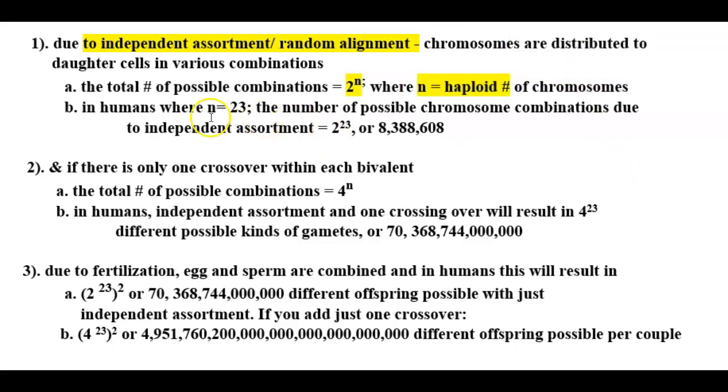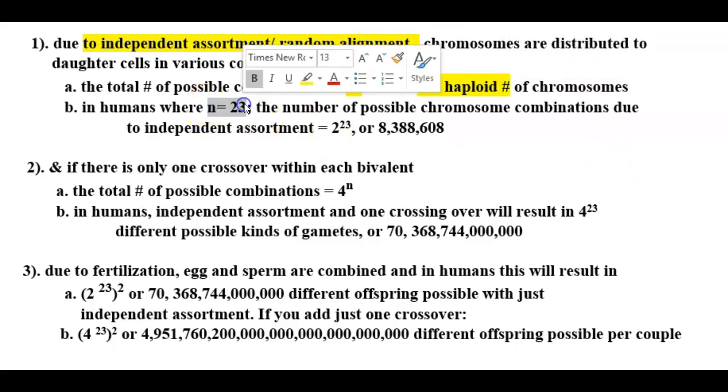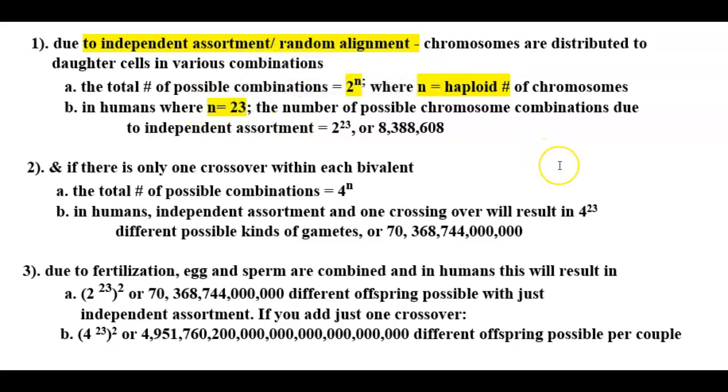In humans, our haploid number is 23. So the number of possible chromosome combinations just due to independent assortment and random alignment is this. Pretty big number, more than 8 million.